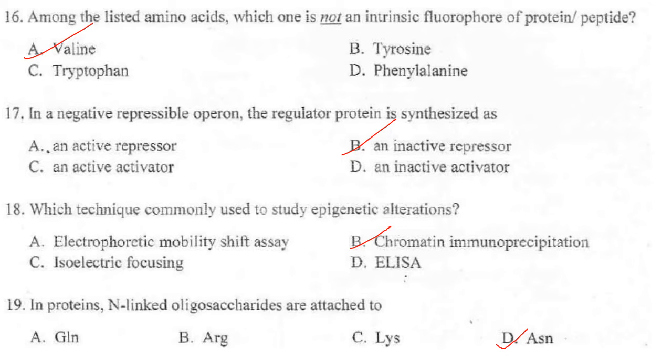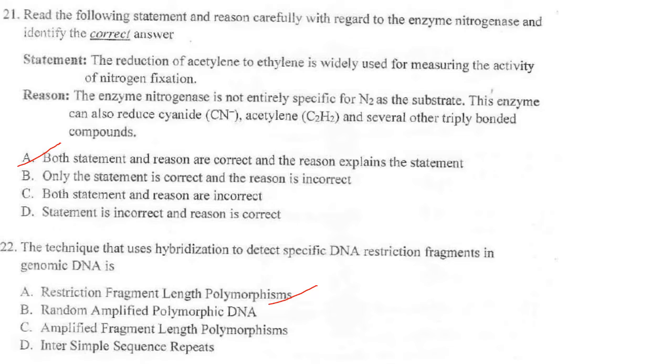Then, in proteins, N-linked oligosaccharides are attached to asparagine, ASN. This is also a repeated question. Then read the following statements and reason carefully with regard to the enzyme nitrogenase and identify the correct answer. The reduction of acetylene to ethylene is widely used for measuring the activity of nitrogen fixation.